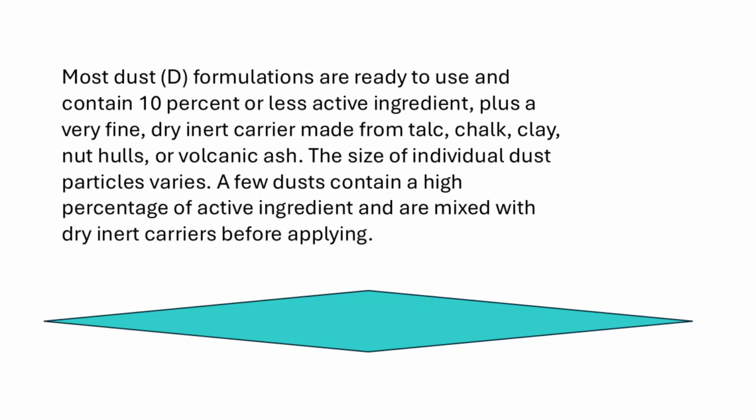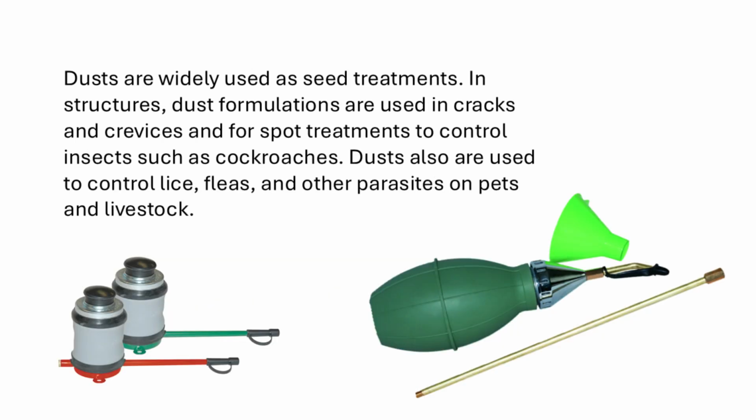A few dusts contain a high percentage of active ingredient and are mixed with dry inert carriers before applying. Dusts are widely used as seed treatments. In structures, dust formulations are used in cracks and crevices and for spot treatments to control insects such as cockroaches. Dusts are also used to control lice, fleas, and other parasites on pets and livestock.